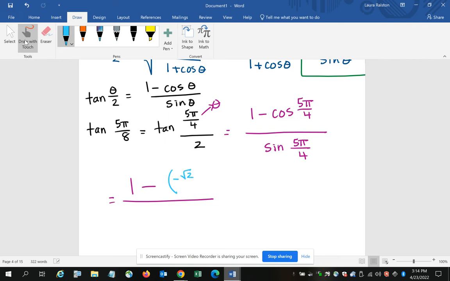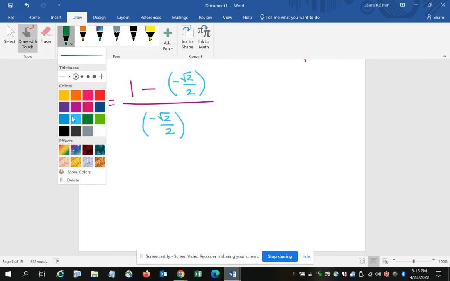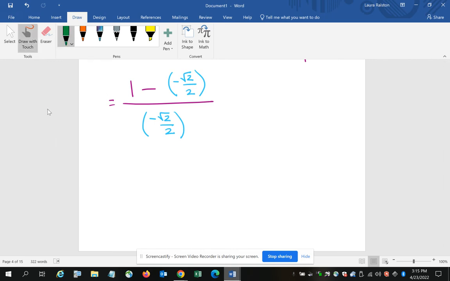negative square root 2 over 2 divided by negative square root 2 over 2. Again, this is going to get messy for a minute because you got to do the algebra manipulation and solve this. Okay, so we would have, again, our 1 whole becomes 2 over 2.